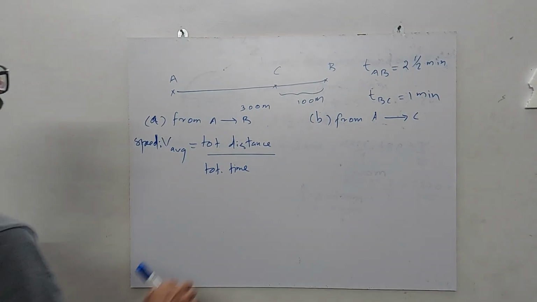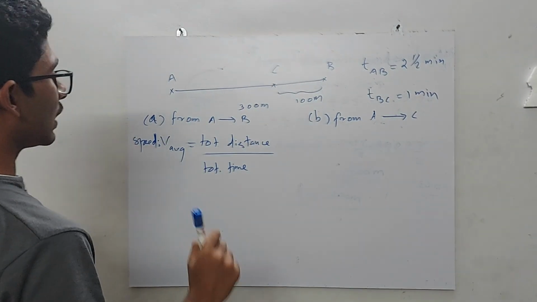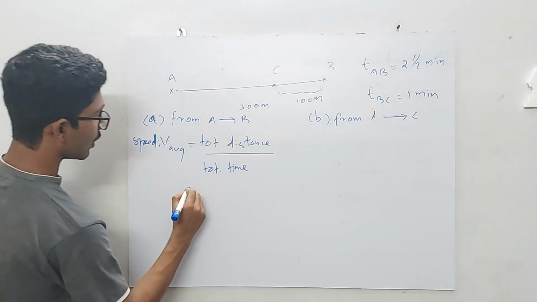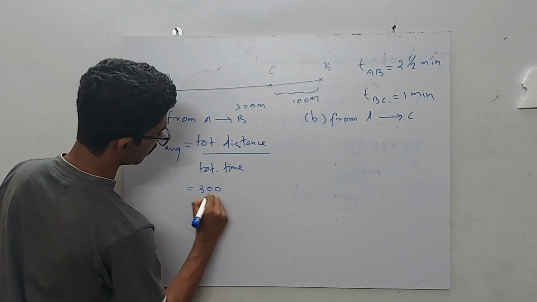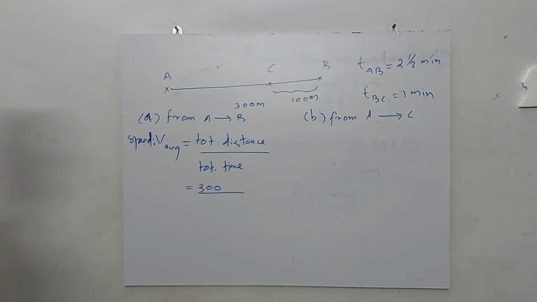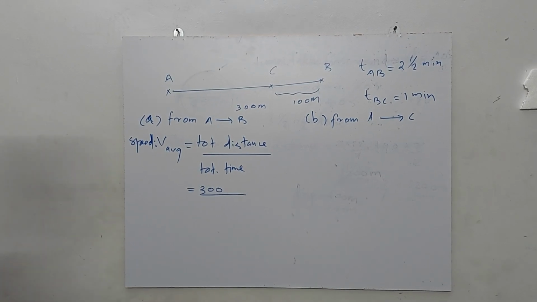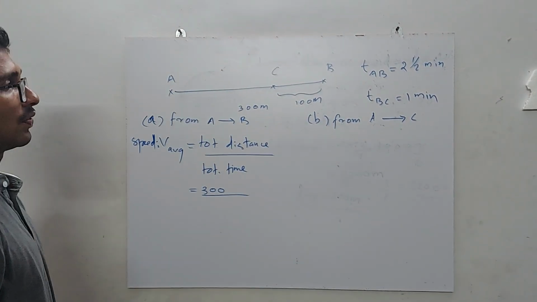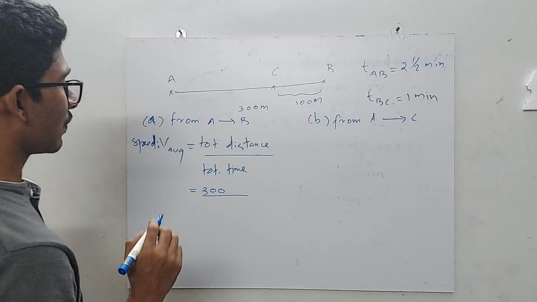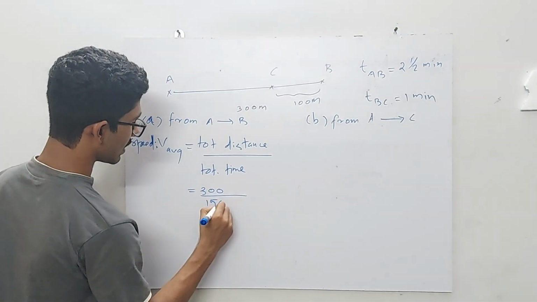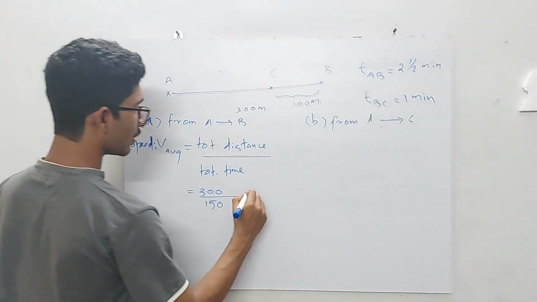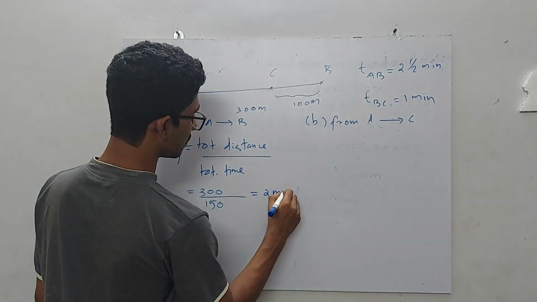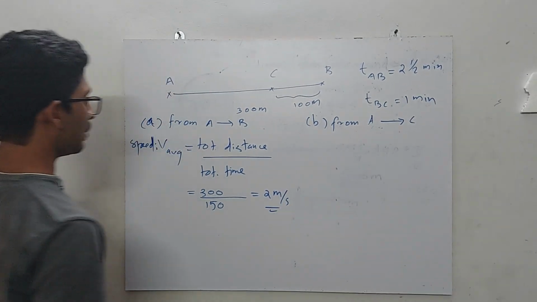So what is the total distance he covers from A to B? It is 300 meters. And what is the total time that he takes? The total time that he takes is 2.5 minutes, which would be 120 plus 30, 150 seconds. So that would be 2 meters per second. This is the average speed.